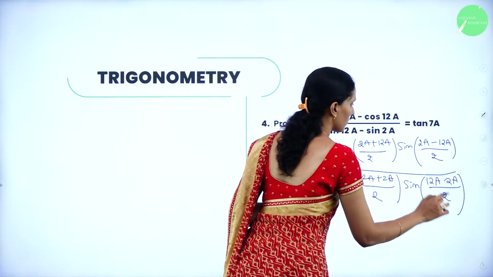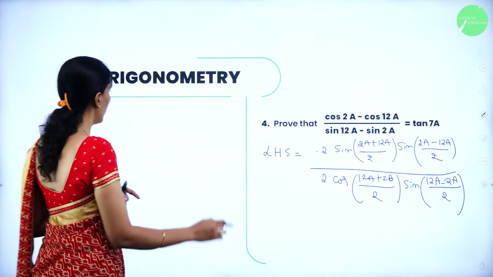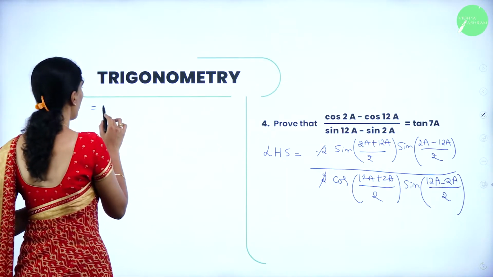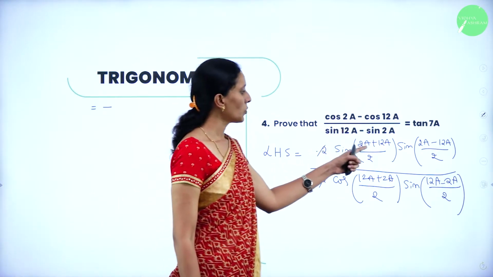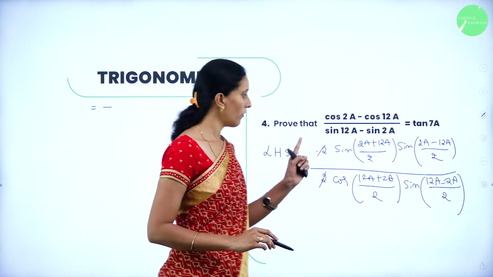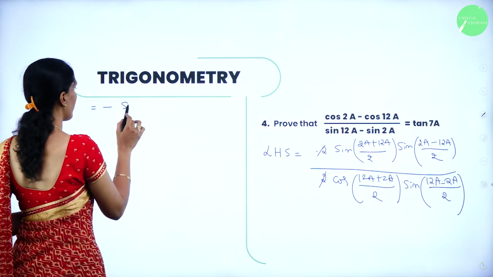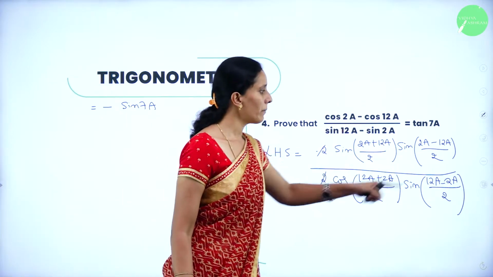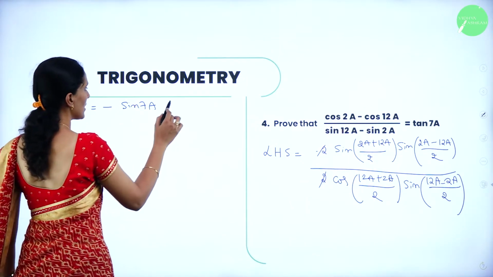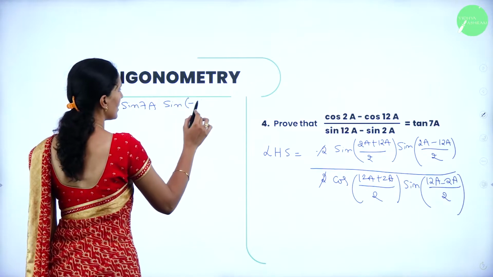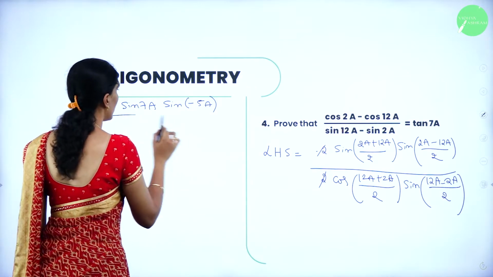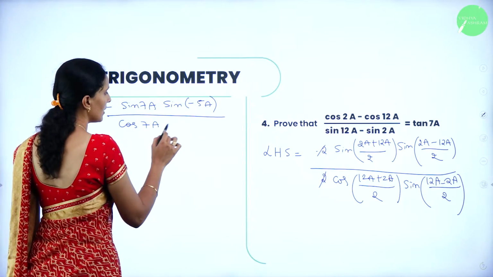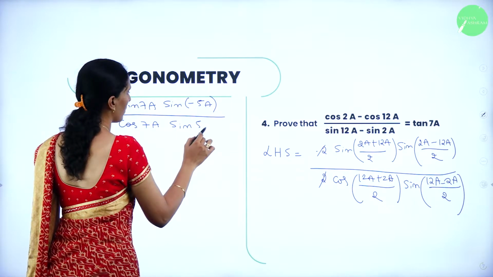Now here you will get it as 2 cancels, minus sine 2a plus 12a is 14a. 14a by 2 is sine 7a. And next you have 2a minus 12a by 2, which is sine of minus 5a, divided by cos 7a sine 5a.